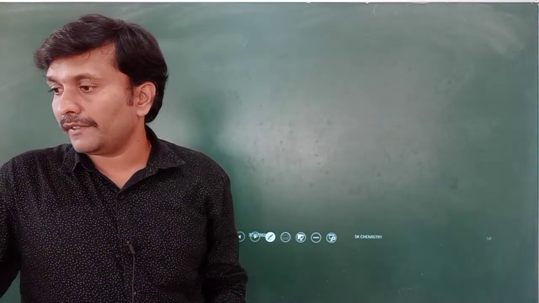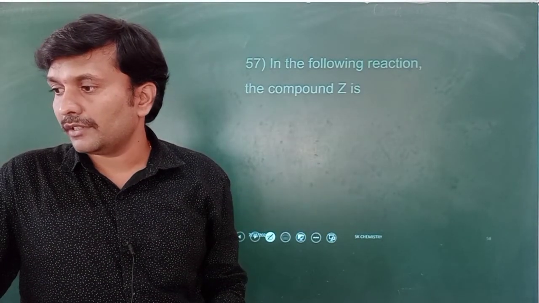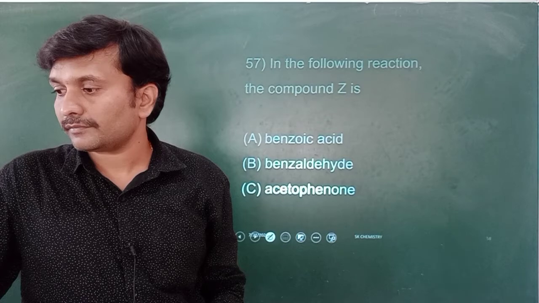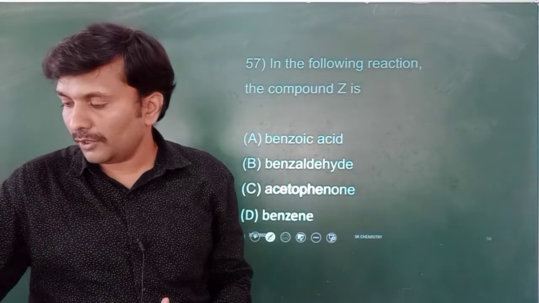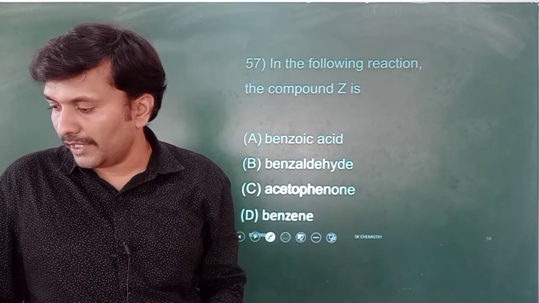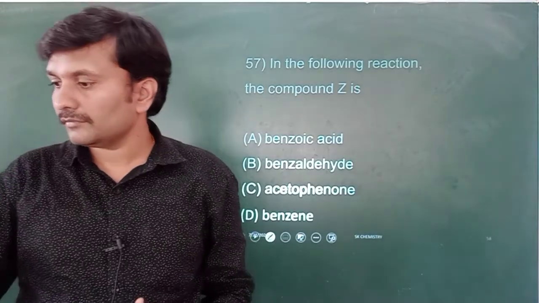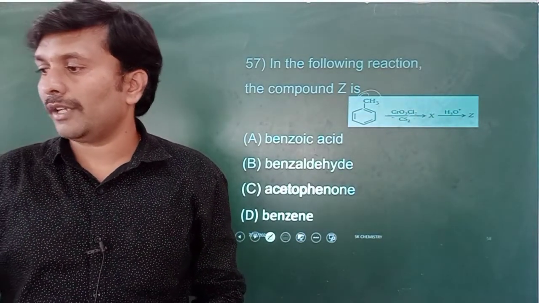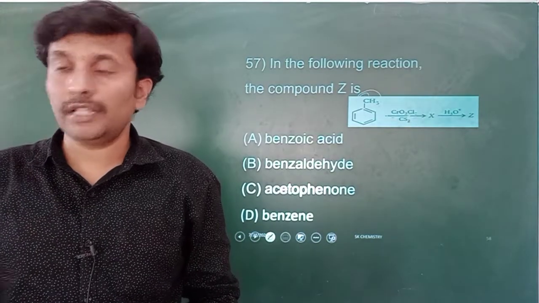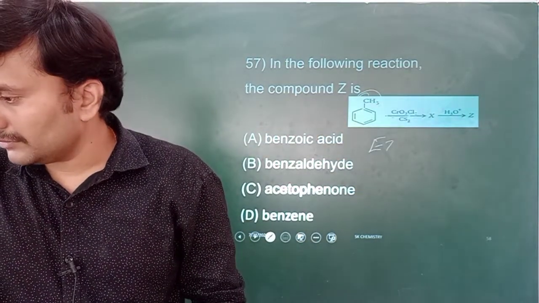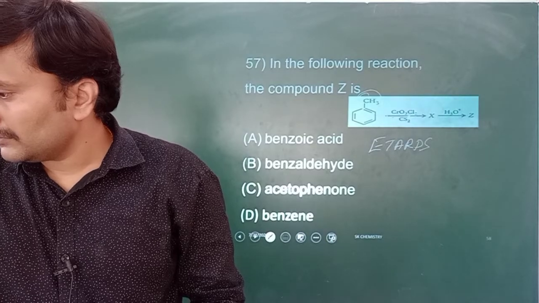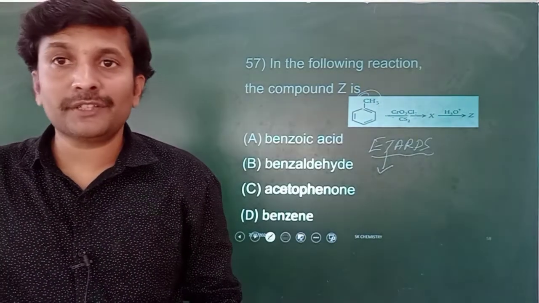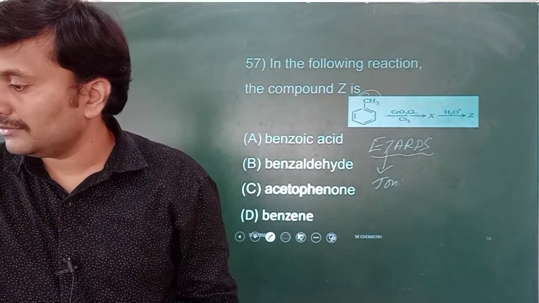Next, 57th one. In the following reaction, the compound Z is. Very clearly, this with chromyl chloride is nothing but toluene. Etard's reaction. Why did I give this as T, toluene?